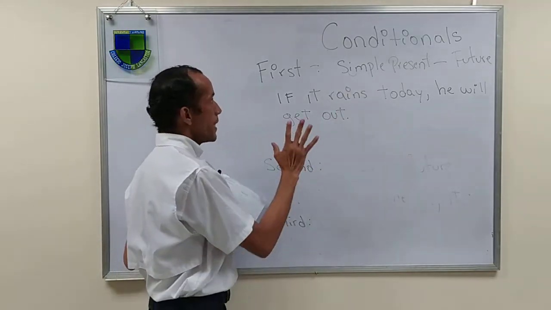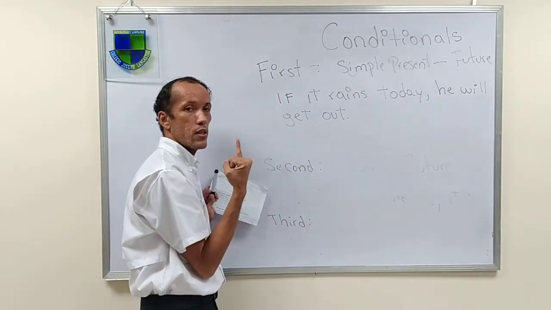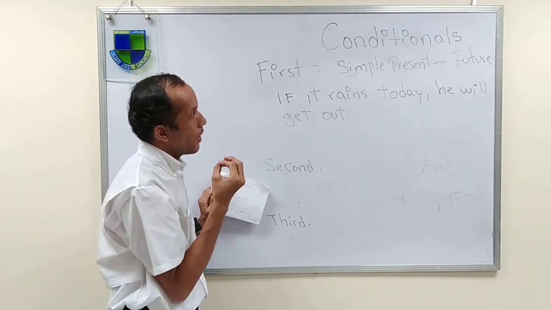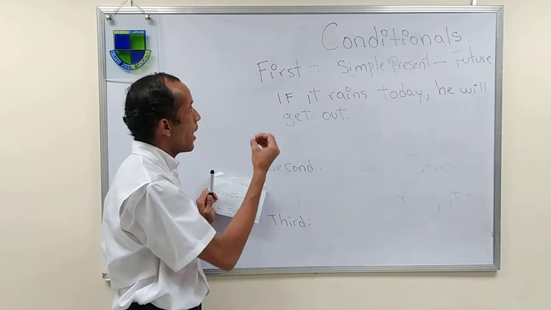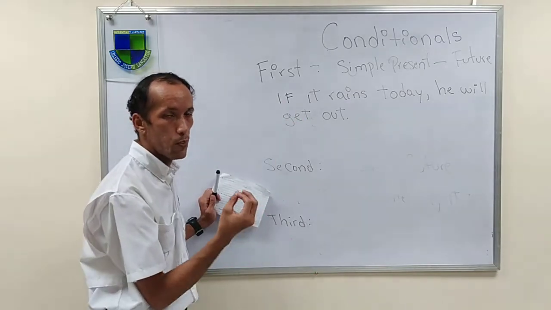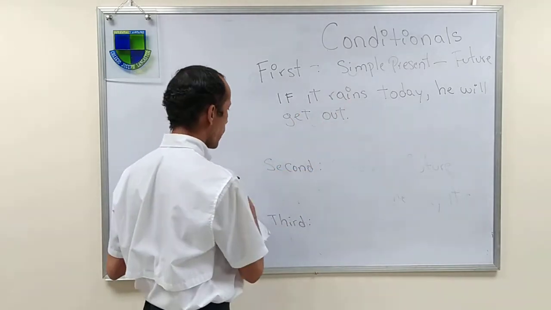So I repeat again. The zero conditional expresses conditions that really happen, and the first conditional is for possible situations, possible events. If it rains today, he will get out.